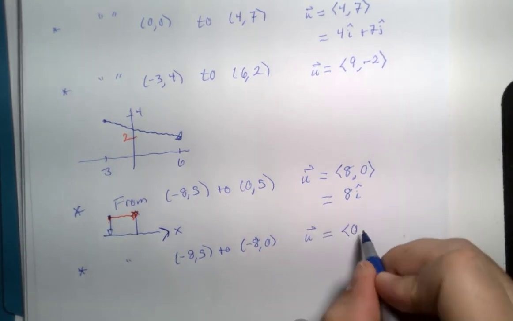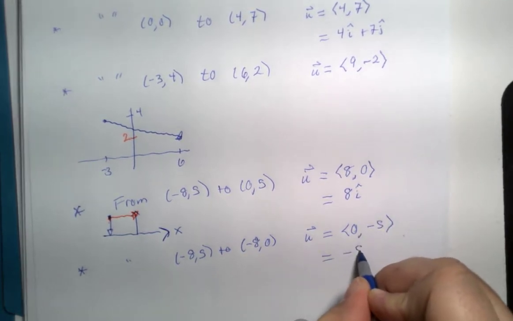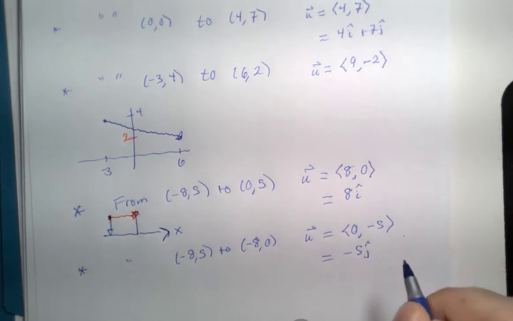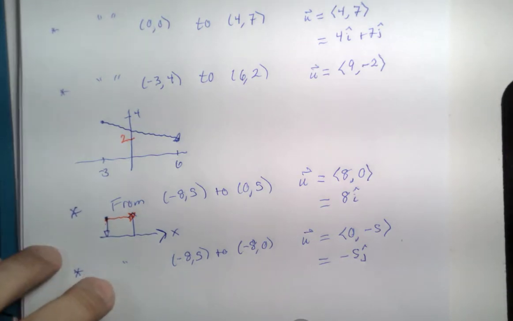So don't go left or right, go down 5 units, or -5j would be that vector. Again, building blocks to vectors, you may not need all of these little skills on a regular basis, but you need to be familiar with all of them in case it comes up in part of a formula development.